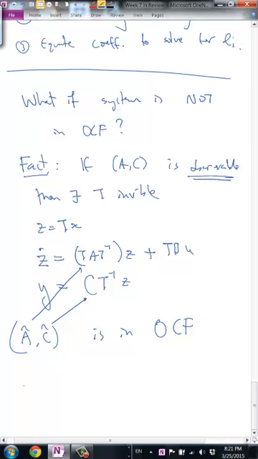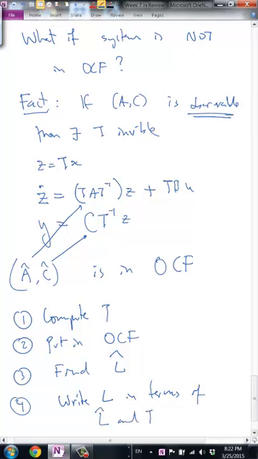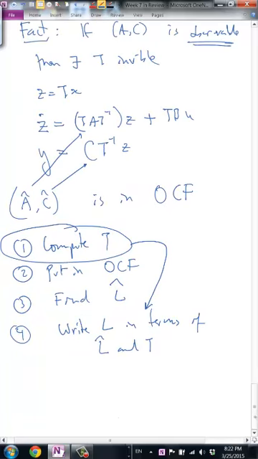So basically what we do is we compute T, put in observer canonical form, find L hat, and then write L in terms of L hat and T. And note that actually we really don't need T until this step. Okay, so I won't go through these details because there are some homework problems that give you practice with exactly this.